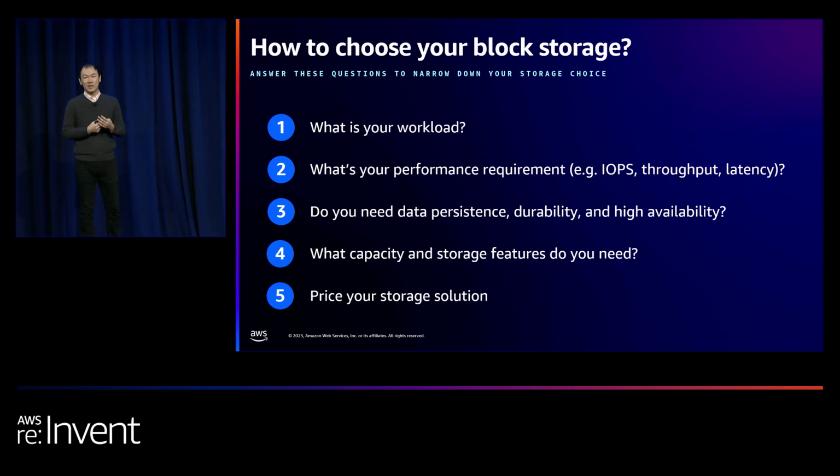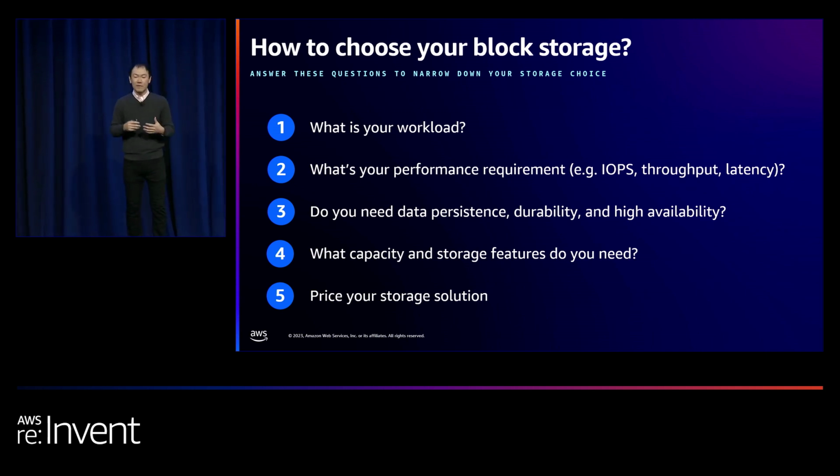That means your throughput needs, your IOPS needs, your latency needs. Your next consideration should be your data persistency, durability, and high availability needs. Then followed by, how do I think about my data protection and other features? And of course, don't forget to price the solution to calculate your total cost of ownership when you run your application with both EC2 and EBS.